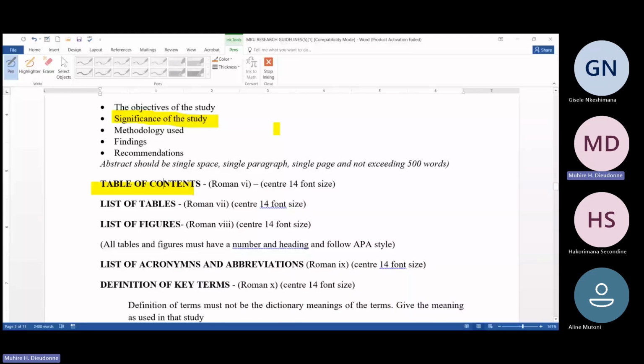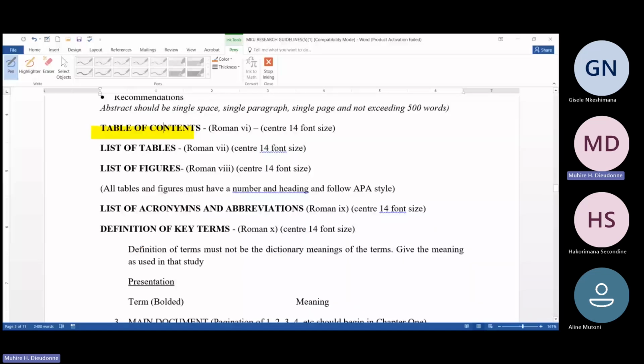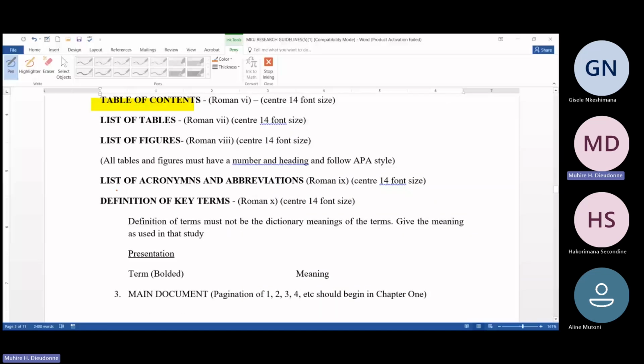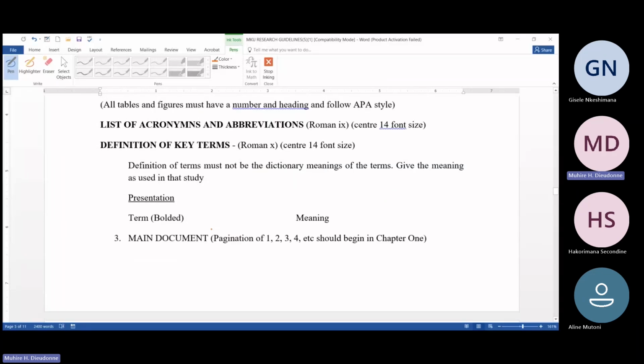So now we have list of tables, which will be below the table of content. List of figures will be the same. And also we have list of acronyms and abbreviations, which will be below the list of figures, and the last page of preliminary pages will be definition of key terms.